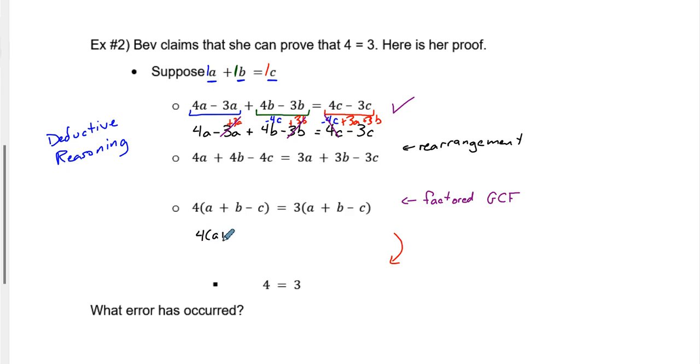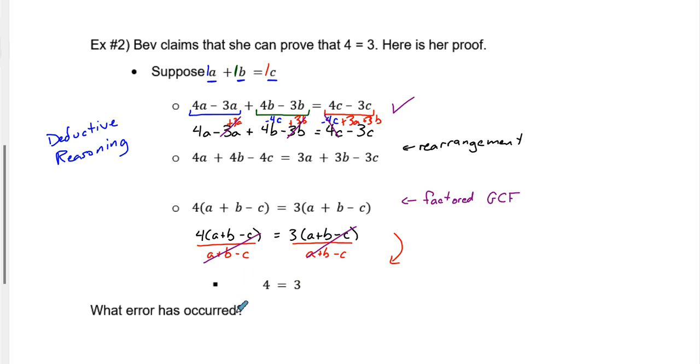What happened, and again, this is why I have a space, so I can actually show this calculation, is on both the left-hand side and right-hand side, we see that both of them have this a plus b minus c. So she just divided them off. And when you take an a plus b minus c and divide by an a plus b minus c, they cancel off, and therefore 4 equals 3.